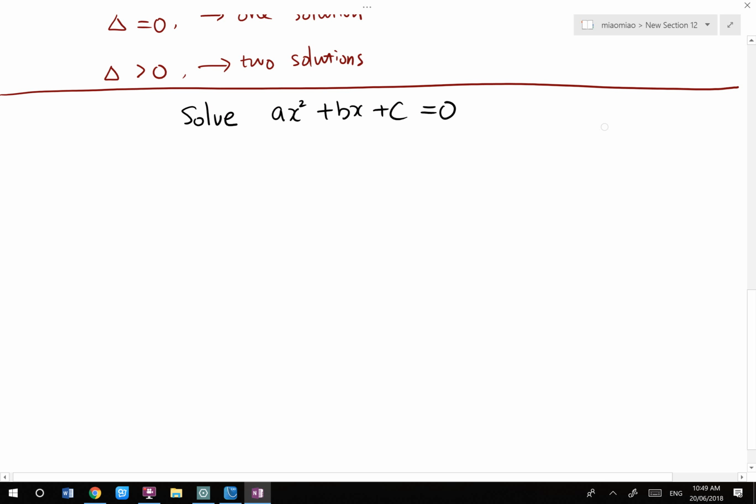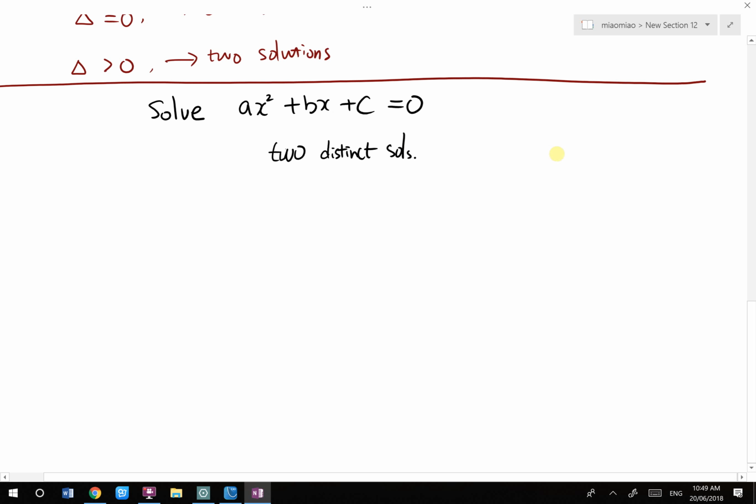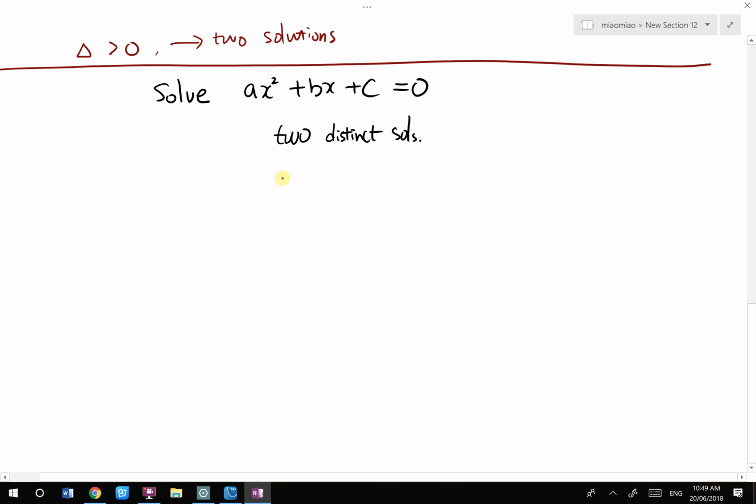I have three situations. I can have two distinct solutions, one solution, or no solution. Those are the three different cases. I'll write this a little below.